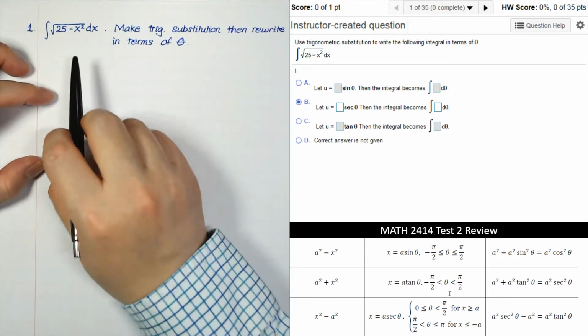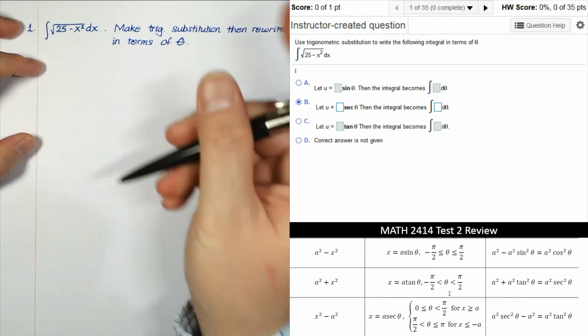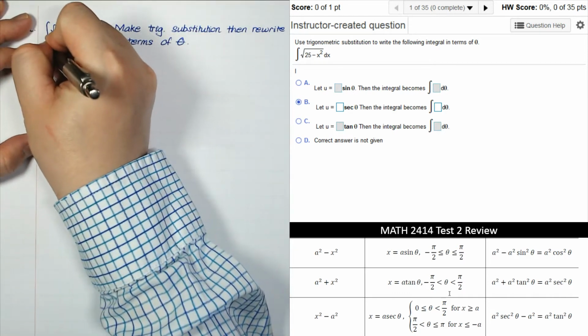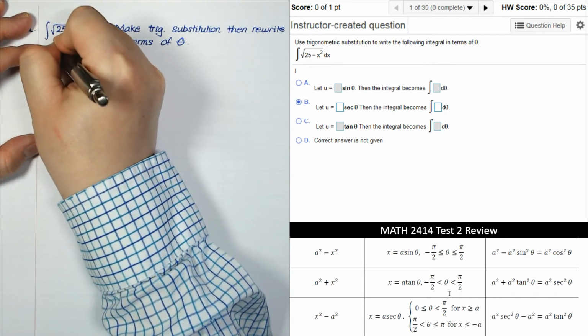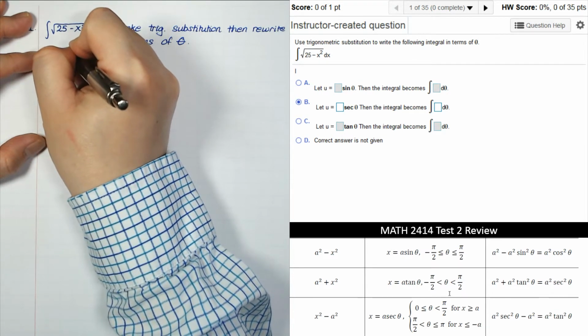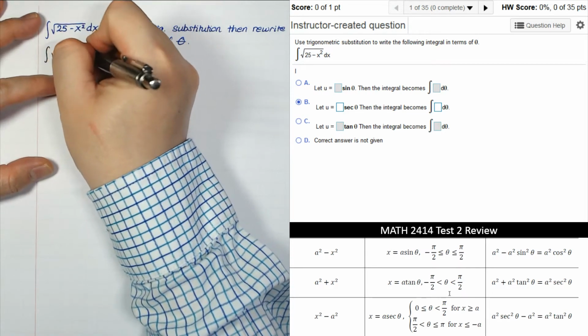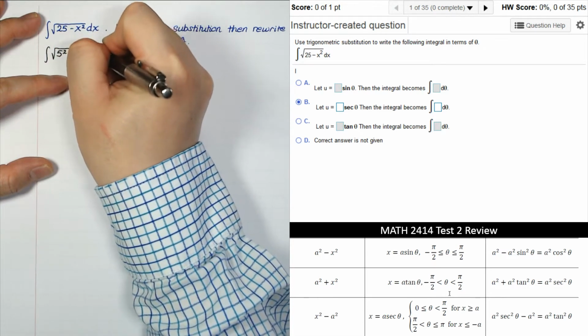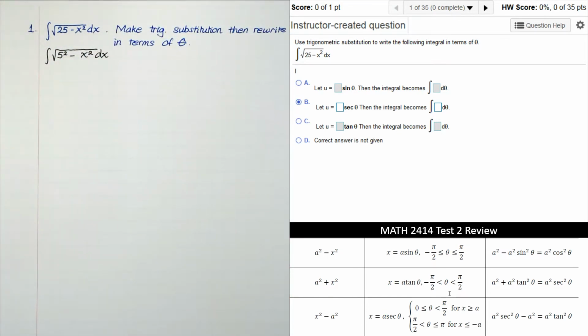Right. So in this case we have a constant squared minus x squared. By the way, I will rewrite 25 as 5 squared. And for this, we'll make the substitution.